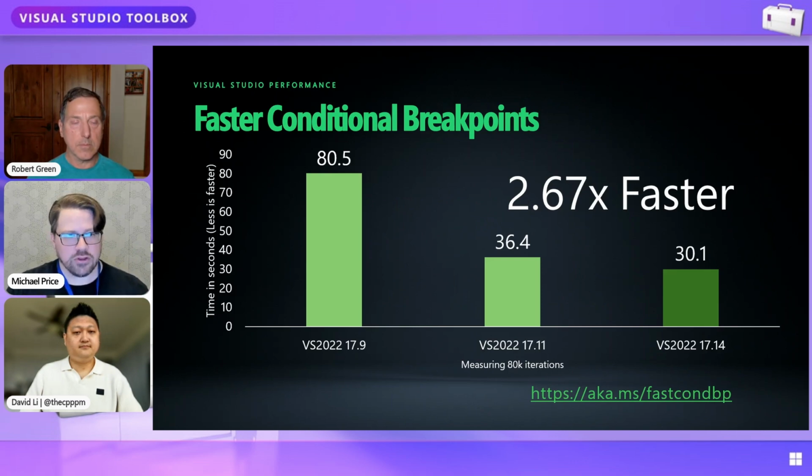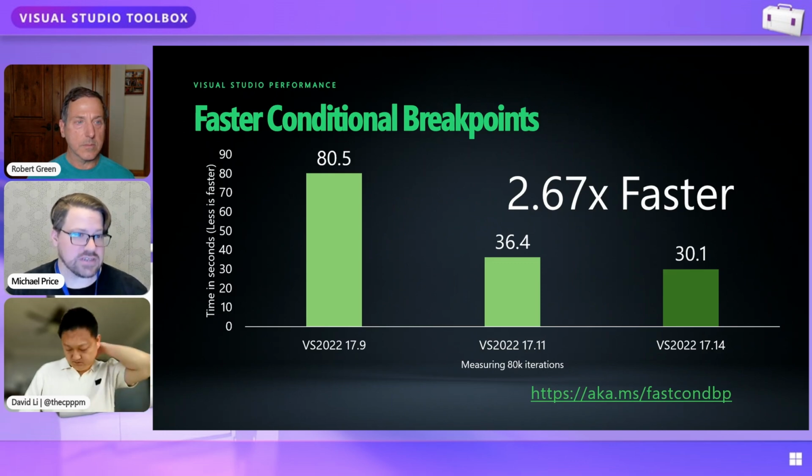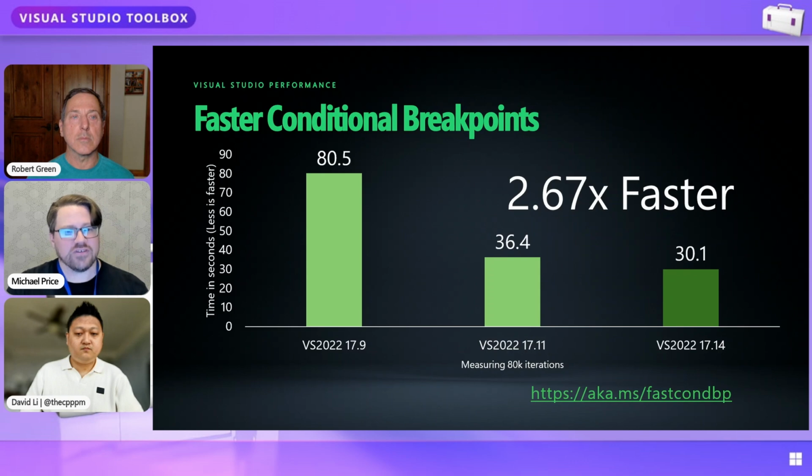Now you can imagine though that every time the debugger comes across that line, it has to check that condition to see whether or not the breakpoint should fire. And that checking has significant overhead, or it did have significant overhead. In recent versions of Visual Studio, we've made this more than 2.5 times faster.